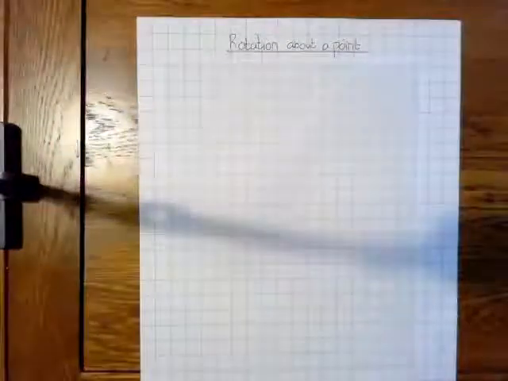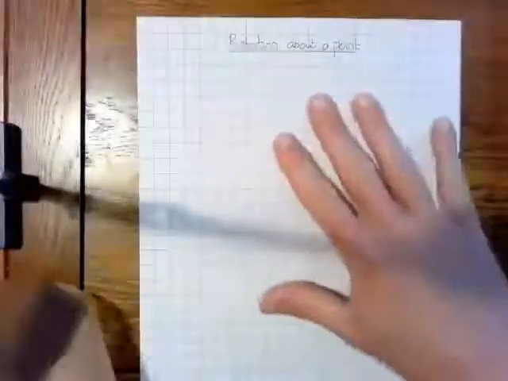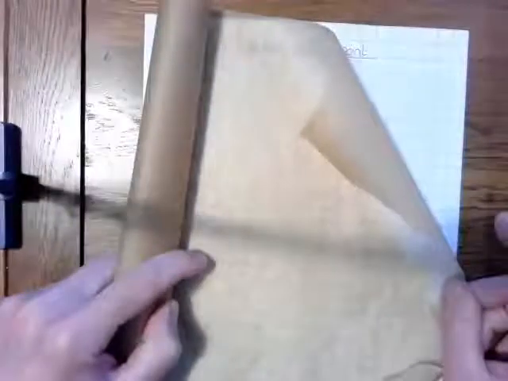But you're looking for something that's transparent, like that. You need to be able to see through the paper, just like a piece of tracing paper, in order to do the rotation lesson today. Have a look around, see if you can find something.